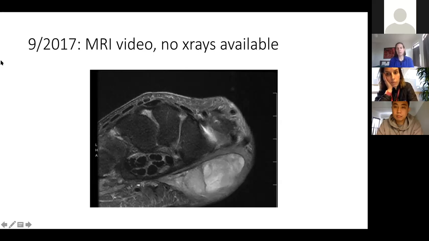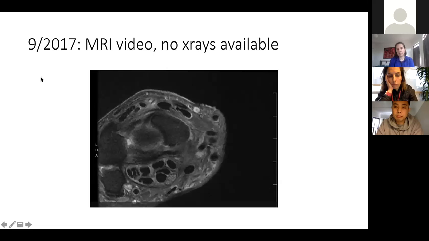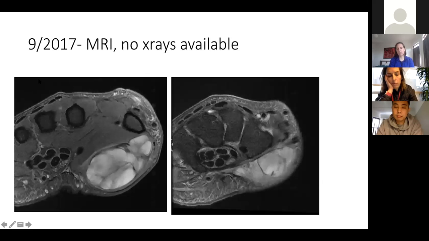And I think the staging studies that you may want to get would probably be a whole body PET CT scan, because it can give you information on how FDG avid this lesion is, which can give you more information about whether or not you're concerned it is malignant, aggressive or benign.